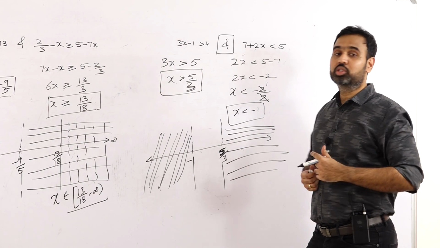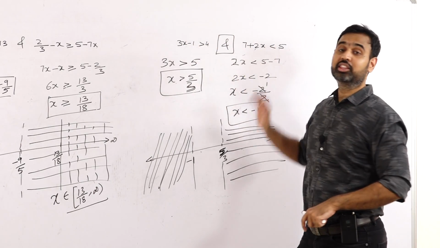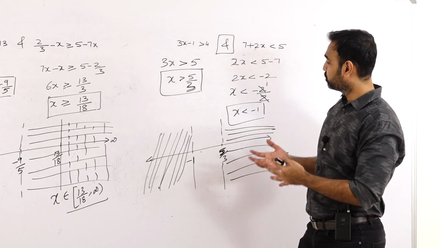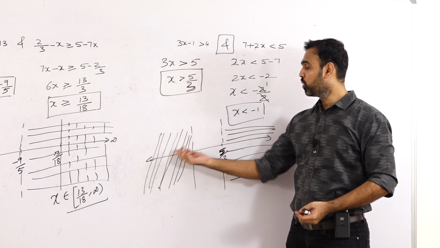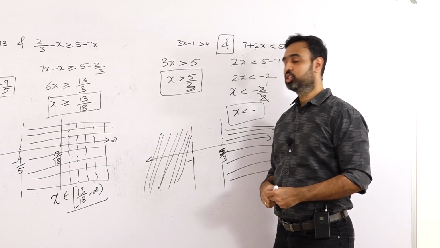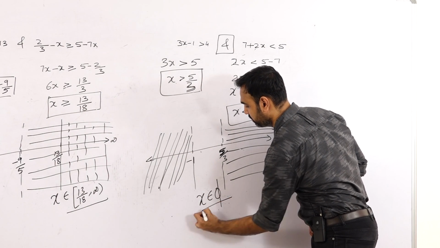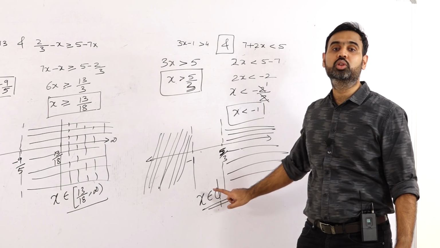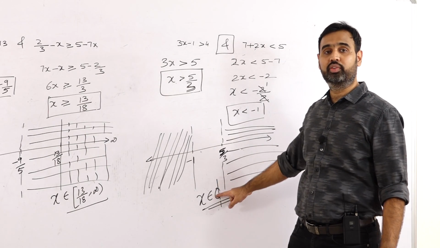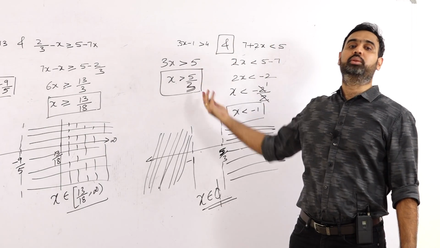So what is the solution for x? X has to satisfy this as well as this at the same time, which means there should be a common region where both of them intersect. But there is no such common region. So we write x belongs to the null set. This is a symbol to indicate that there is no solution for x. There is no value of x which satisfies this and this inequality at the same time.